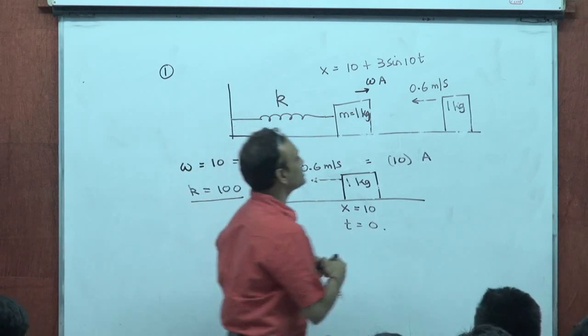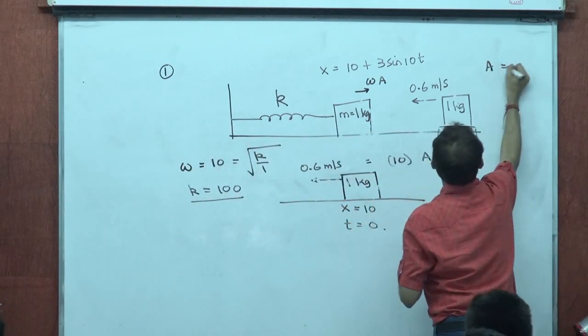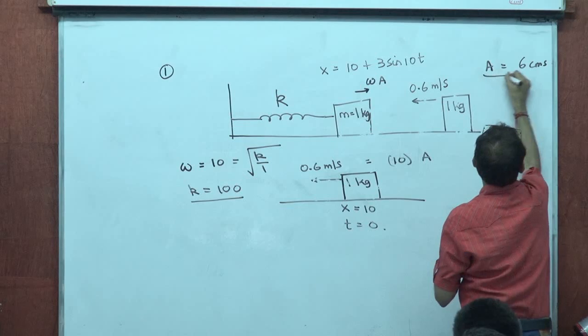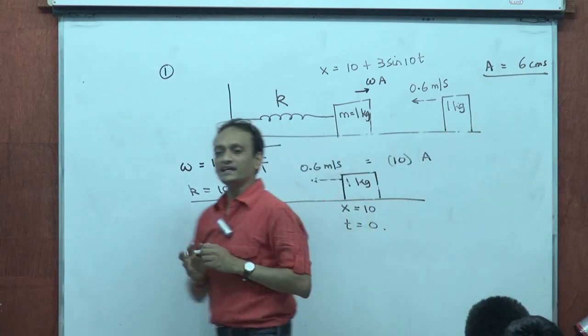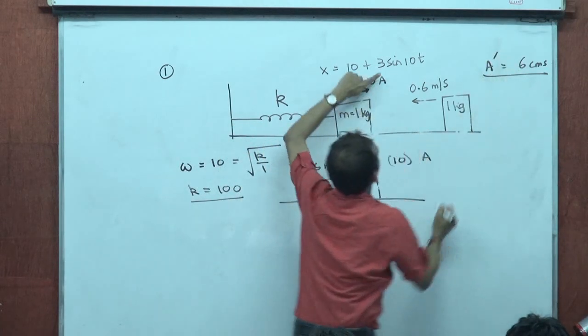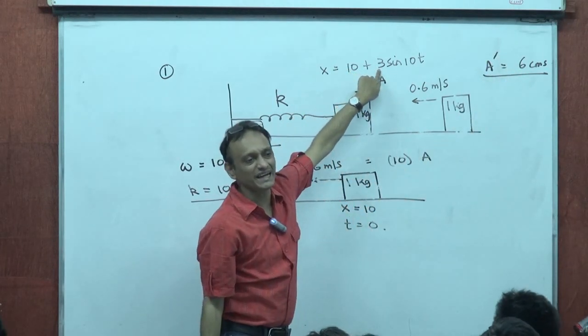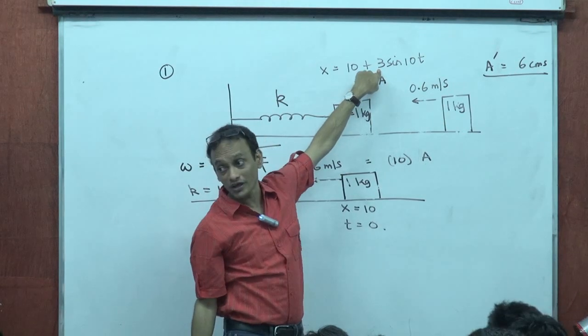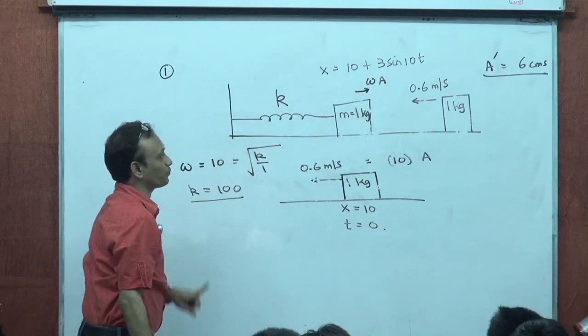So the new amplitude A prime is 6 centimeters. The original amplitude was 3 centimeters.